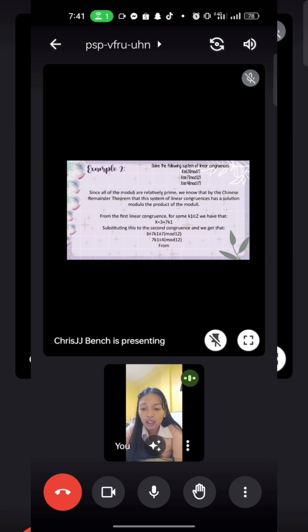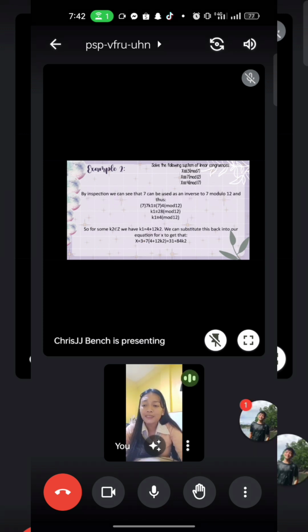Substituting this into the second congruence, we get that 3 plus 7k1 is congruent to 7 mod 12. Let's transpose positive 3 to the left side, and this will give us 7k1 is congruent to 4 mod 12. By inspection, we can see that 7 can be used as an inverse of 7 modulo 12, and thus 7 times 7k1 is congruent to 7 times 4 mod 12.